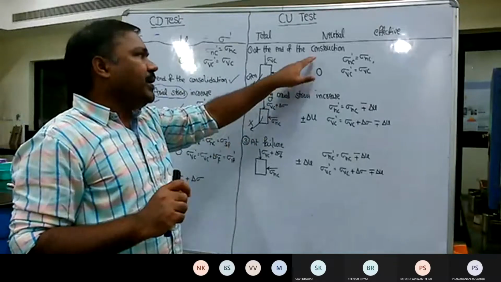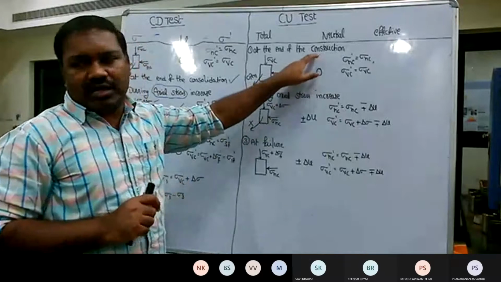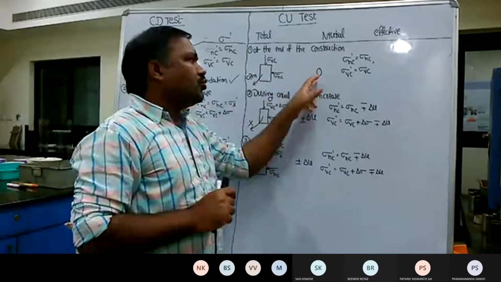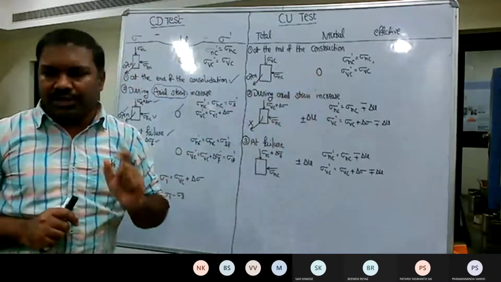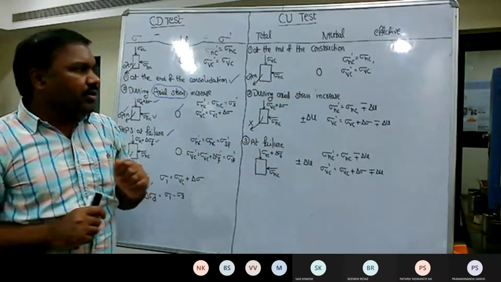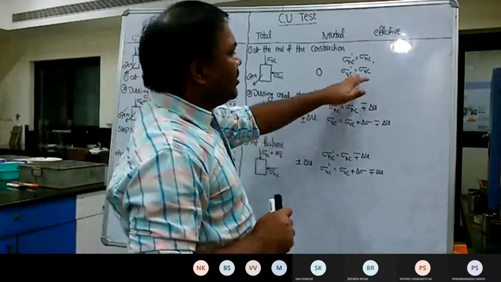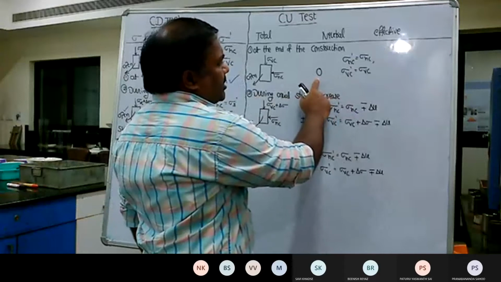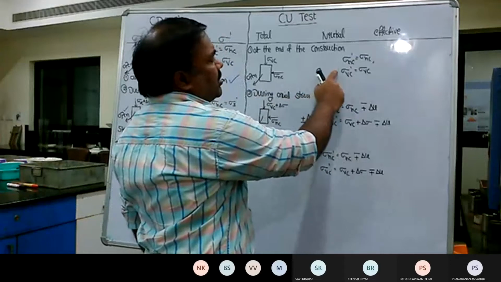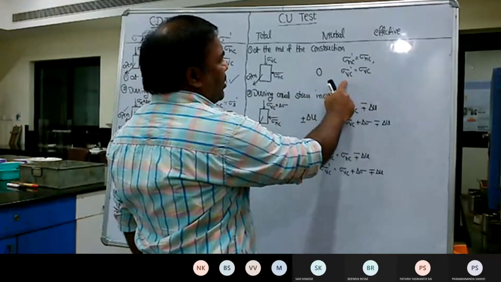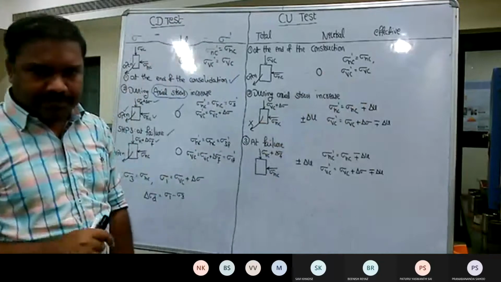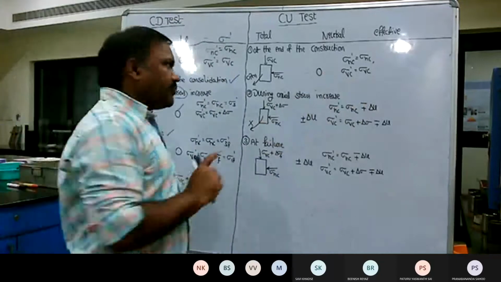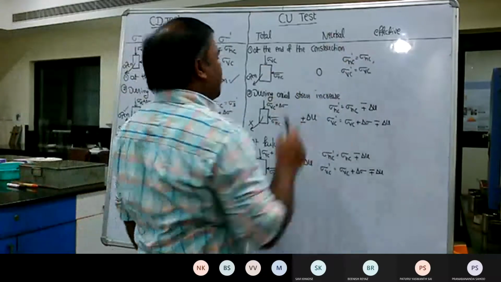Ultimately, at the end of the consolidation, the pore water pressure becomes zero. Now if you write the stresses in the form of effective stress, since the pore water pressure is zero, total stress will become equivalent to effective stress. Okay, now this is stage one.